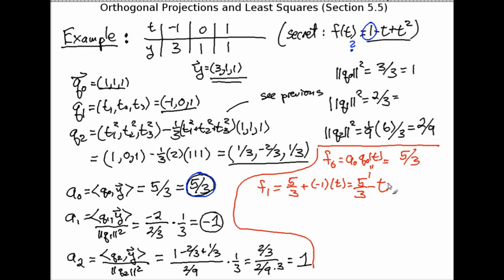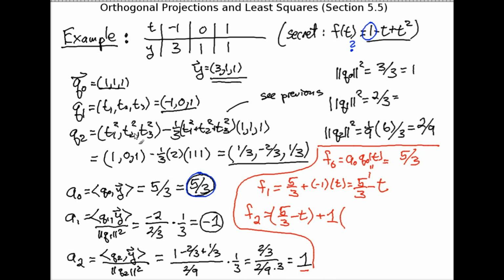And notice one of the really nice things about this algorithm is when you go to compute the next higher degree, you don't have to redo anything you've done before. The lower terms are the same, and you just add the next one. And here's the punchline. F2 is therefore 5/3 minus t plus A2, which is 1, times Q2. And what is Q2?